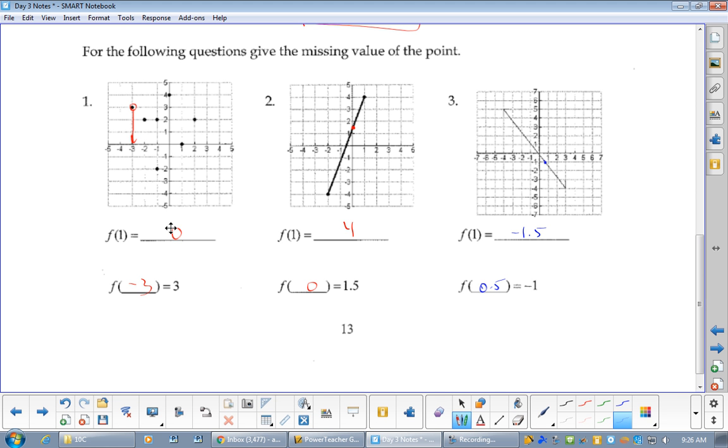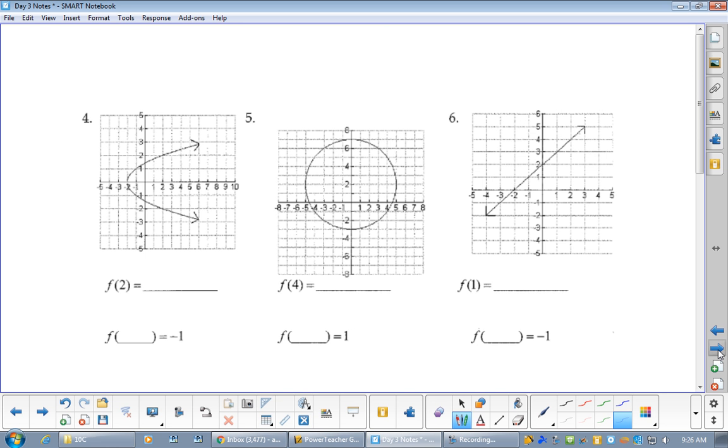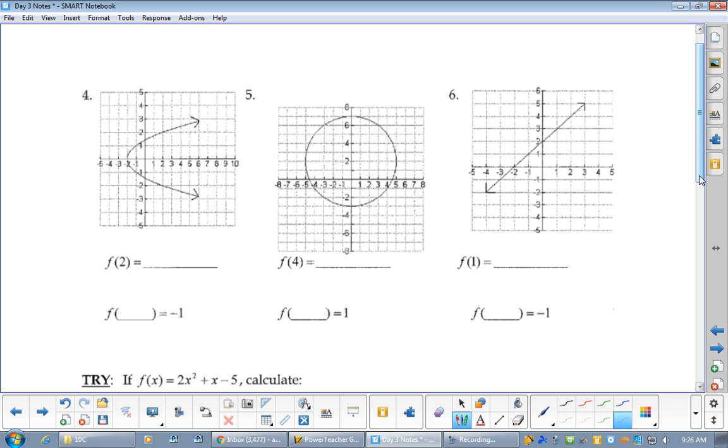Okay, so on to Sarah's question. We're going to do function notation for 4 and 5. Are 4 and 5 functions? No. So you can use function notation for non-functions. So f of 2 would equal, and we can say that as plus or minus 2 because it gives me here and here.